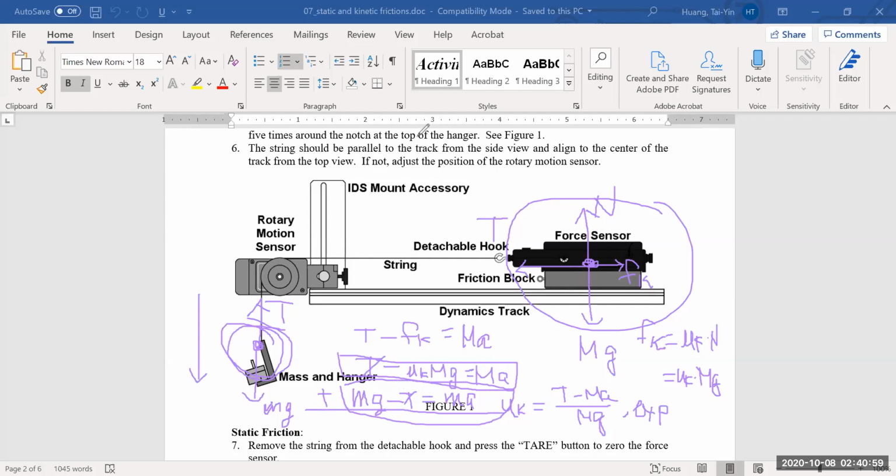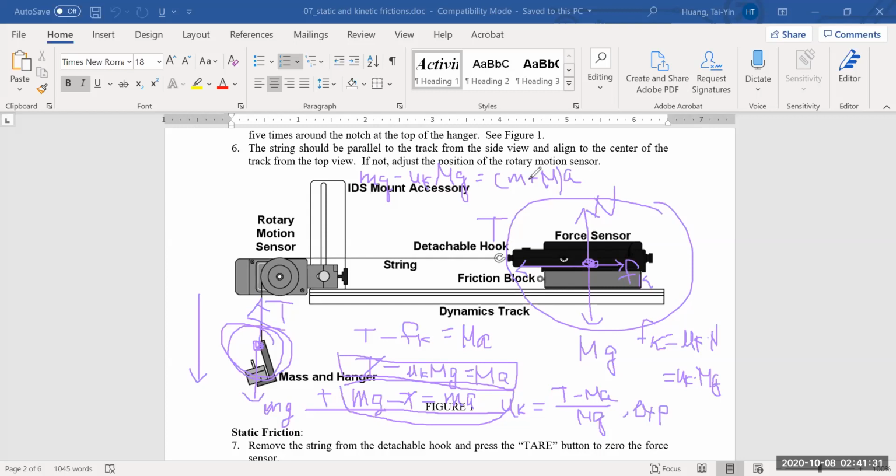So on this side, I'm going to write it here. On the left-hand side, you have the little mg, and then minus mu k times capital Mg. The symbols are very important. You don't want to get mixed up. And then that's equal to, on the right-hand side, you have the little m plus capital M, and then times the acceleration.